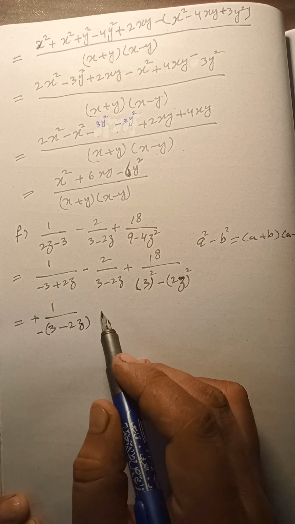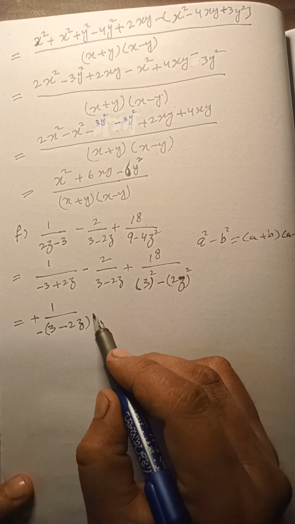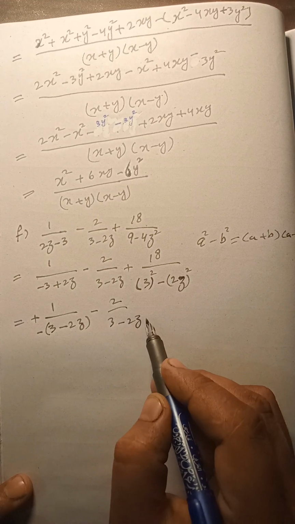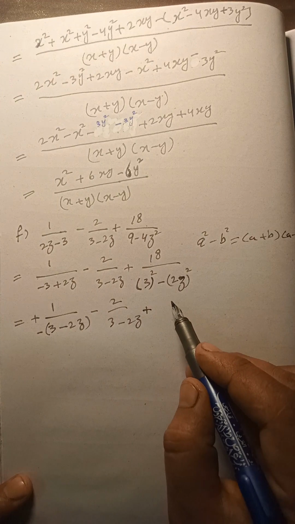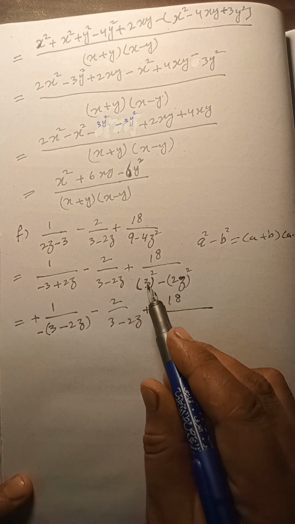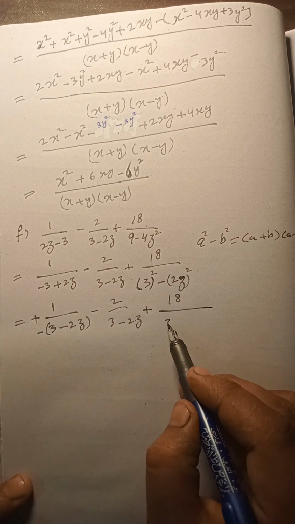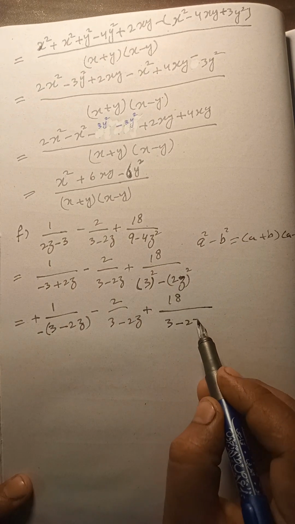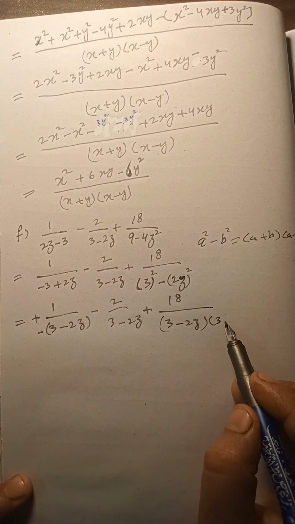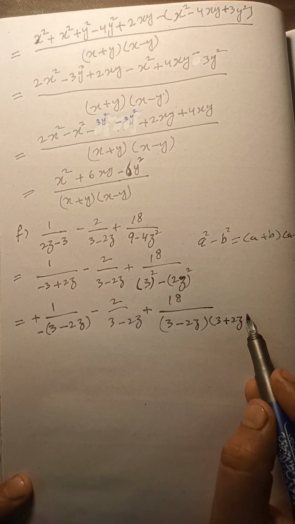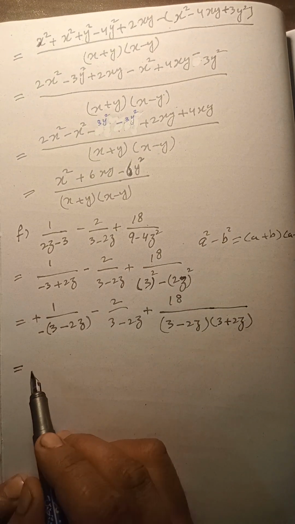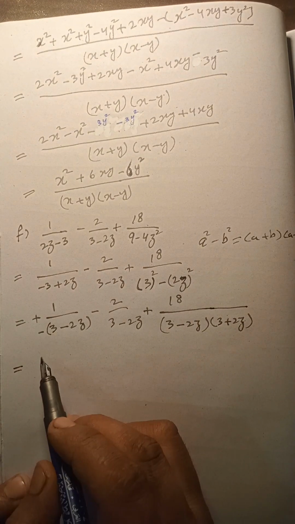It will become minus 2z, and here 2 over 3 minus 2z, and here 18 over a square minus b square, write it 2 times, 3 minus 2z and 3 plus 2z. Now you see that minus plus minus.